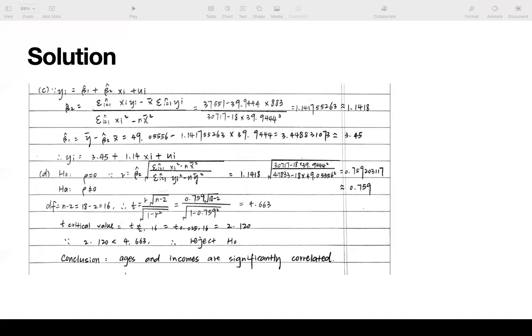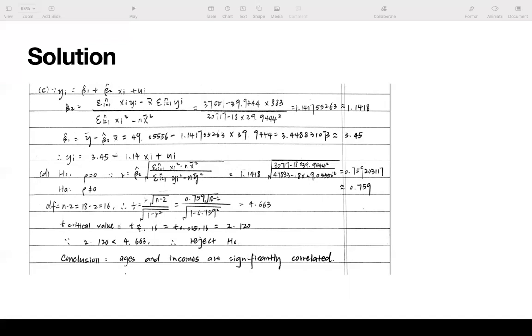For part D, it asks, are age and income significantly correlated using the test of correlation? Here we state the null to be rho equals 0, and we calculate the R value, which equals beta 2 hat times the sum of xi square minus n x bar square, which is the variance of x, divided by the variance of y. Here we have the result R equals 0.759.